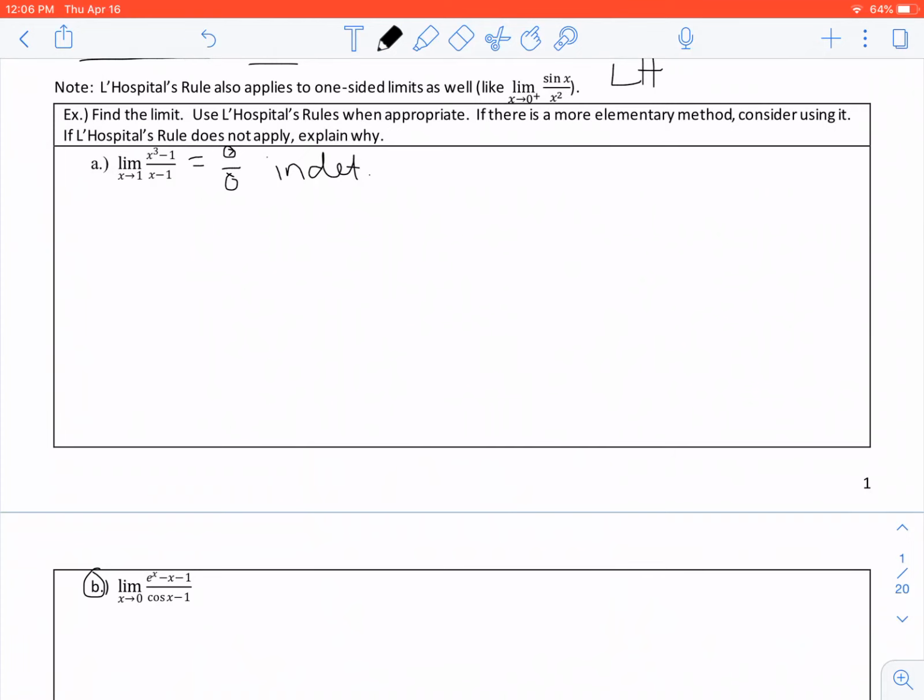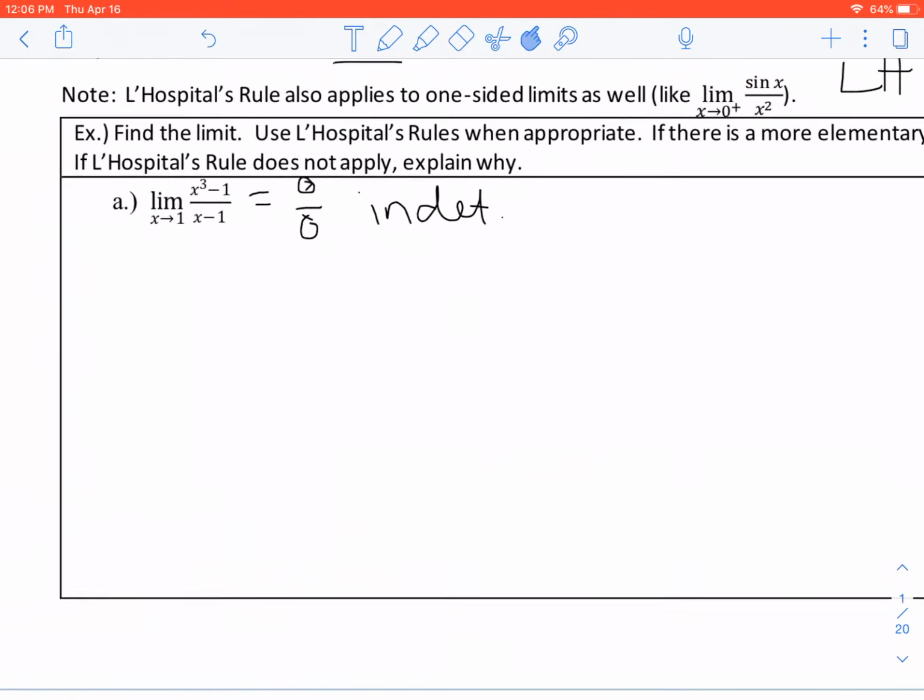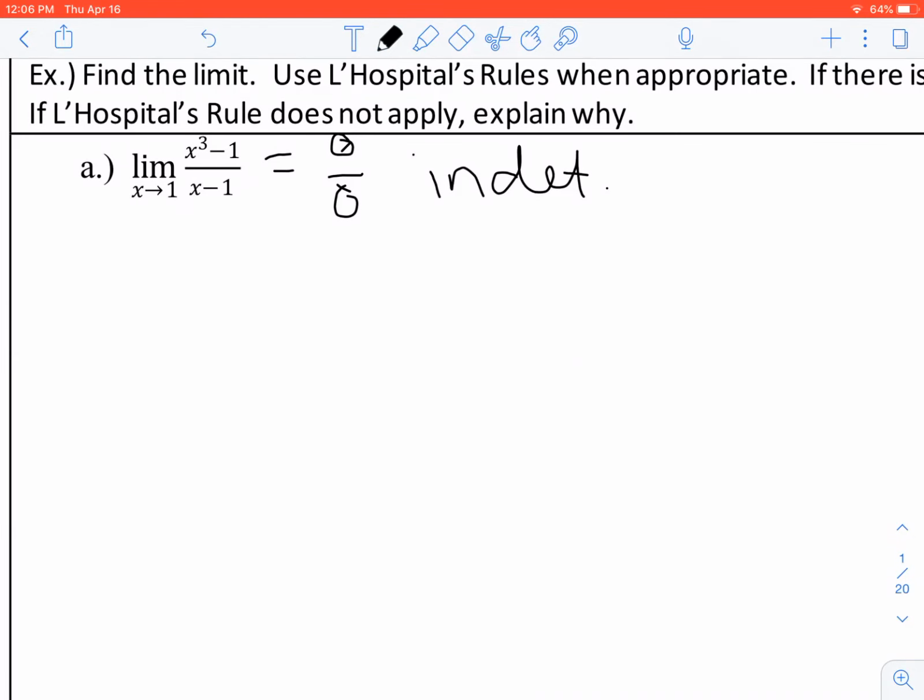So I'm going to go ahead and rewrite the problem that we have, and then we'll use L'Hopital's. It's the limit as x approaches 1 of x cubed minus 1 over x minus 1 equals, and I'm going to use L'Hopital's rule. Another way to do this would have been factoring the numerator using difference of cubes. Since I'm using L'Hopital's, I'm going to put an LH above it.